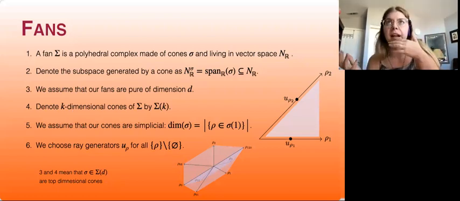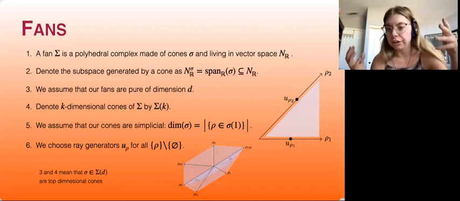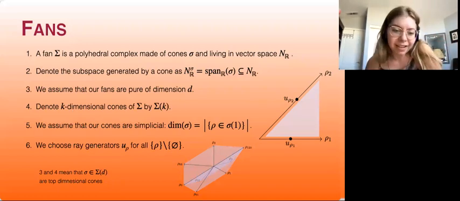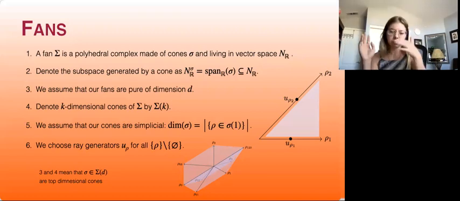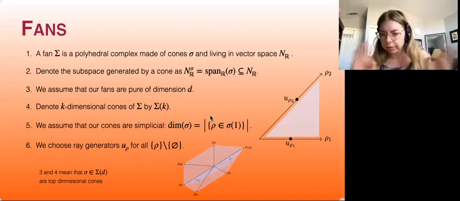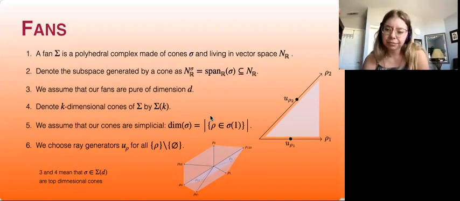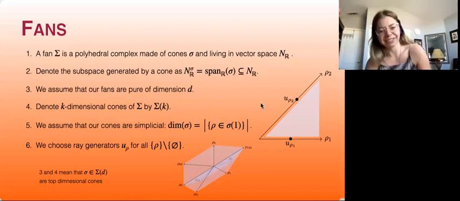This also means that the rays are going to be linearly independent. That's nice. We'll use that at times. I'm also choosing ray generators u_rho for every nonzero ray.